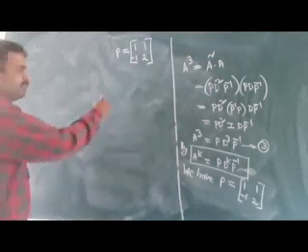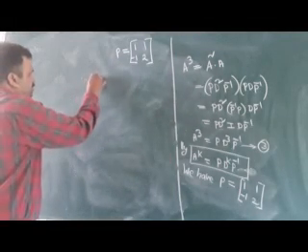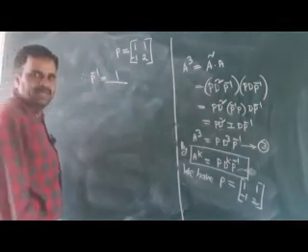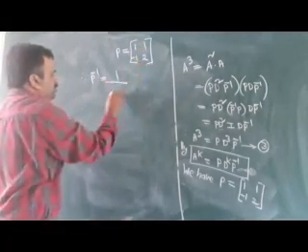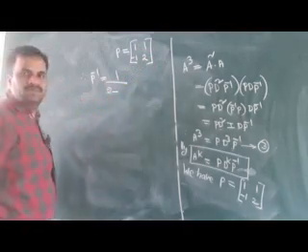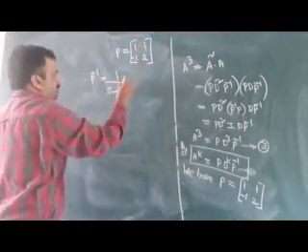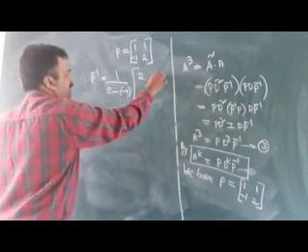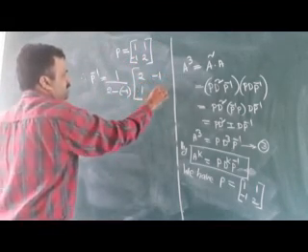Therefore, P inverse equals 1 by (AD minus BC), that is 1 into 2 minus (1 into minus 1), times [D -B; -C A].